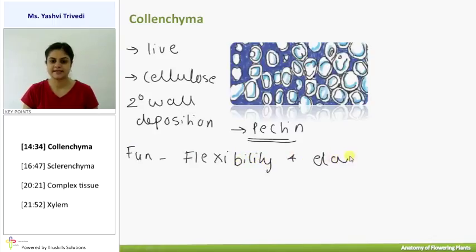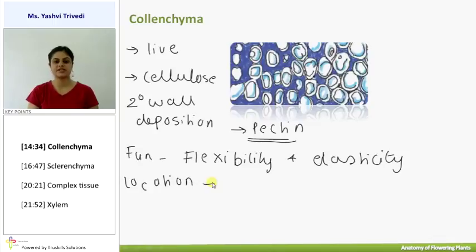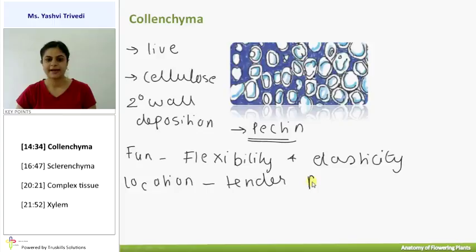and elasticity. If we see the location, they are mainly present in the tender area. Tender is a very soft area. So tender area of the petiole, which you must know is the part of the leaf that connects the leaf base and stem.